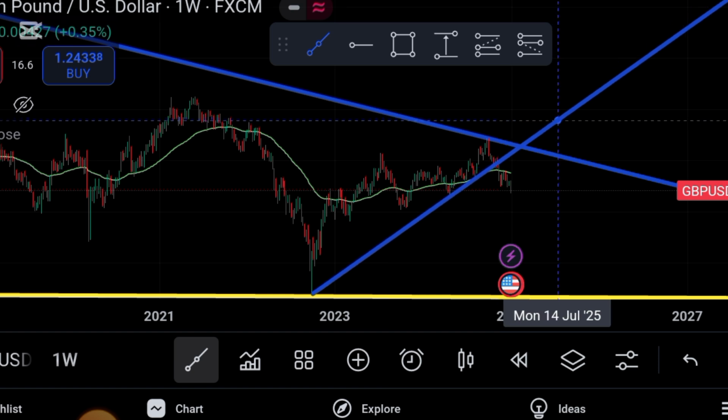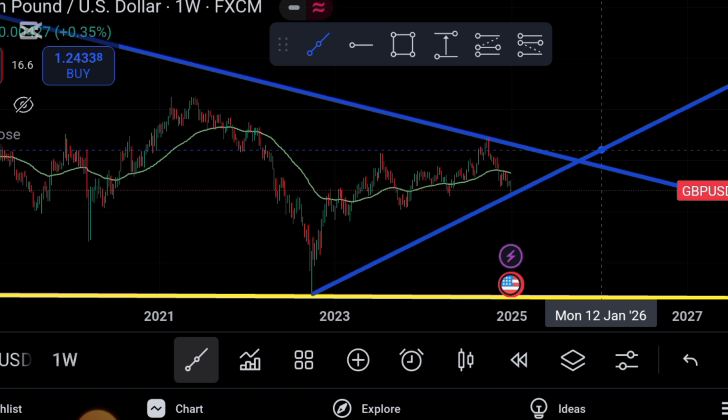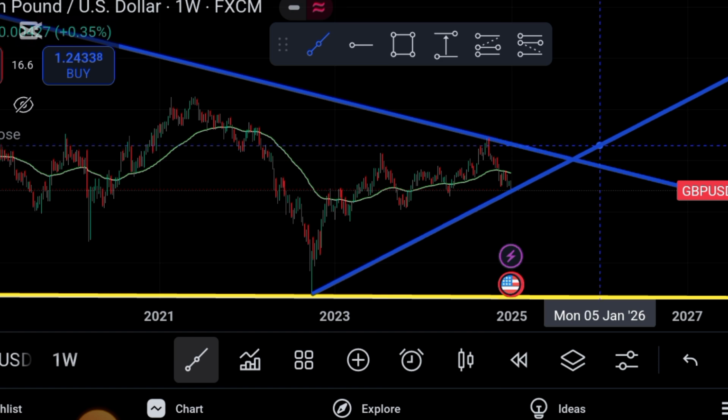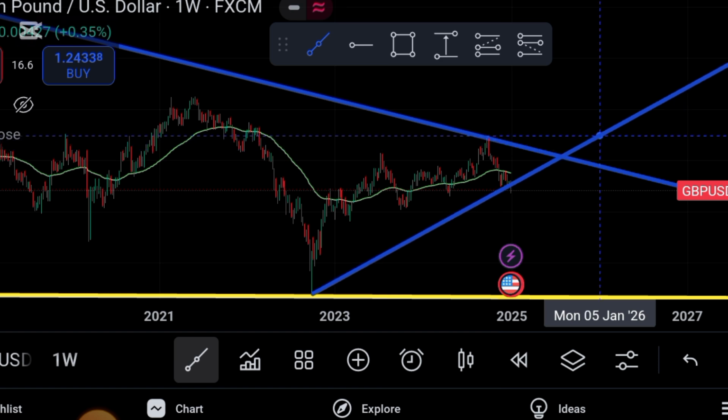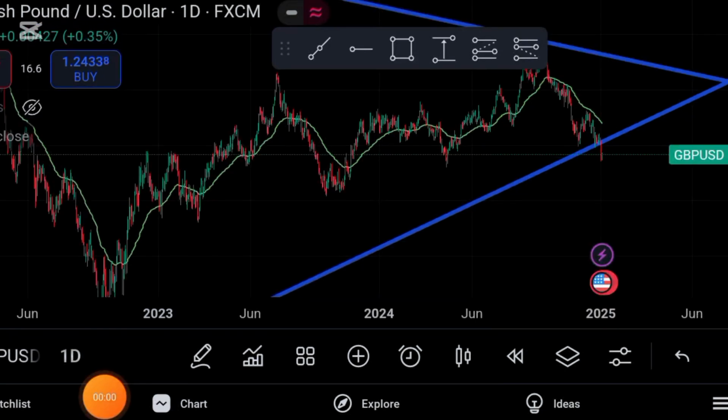You can see it broke out of that level, but we are going to put it here. I'm gonna put it at this swing low. We need to put it always on a swing low, not just at the last candlestick, but at a swing low or swing high.